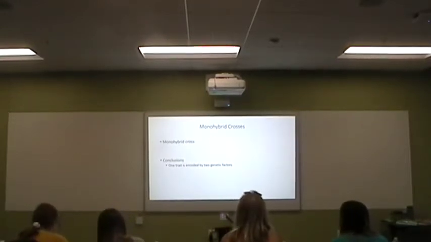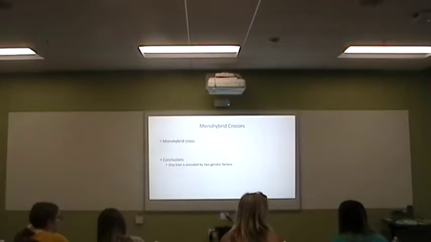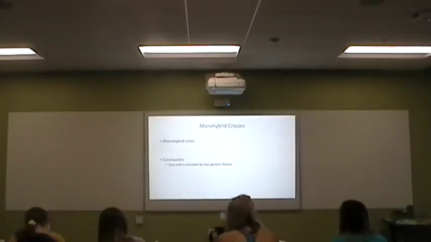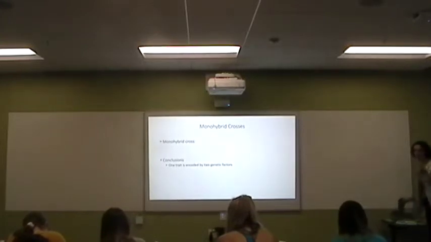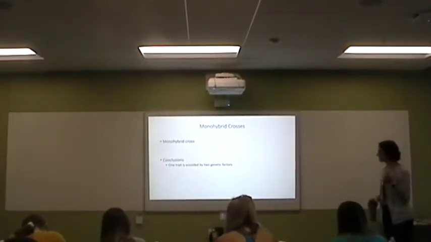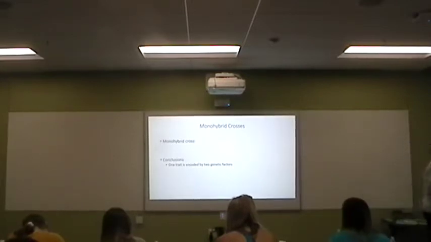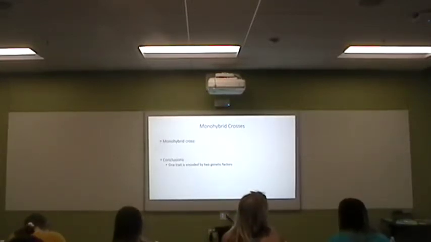Okay, so a monohybrid cross is going to be a cross between two parents that looks at just one characteristic that has two states. And this might seem really basic, but the outcome that Mendel found was really, really important.